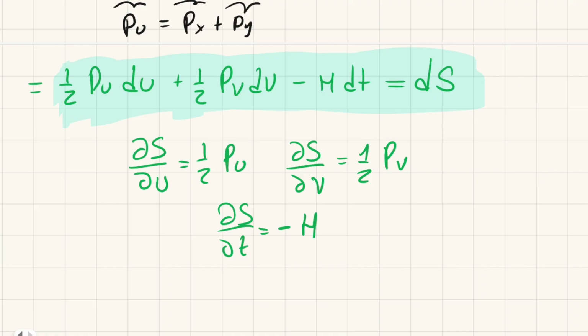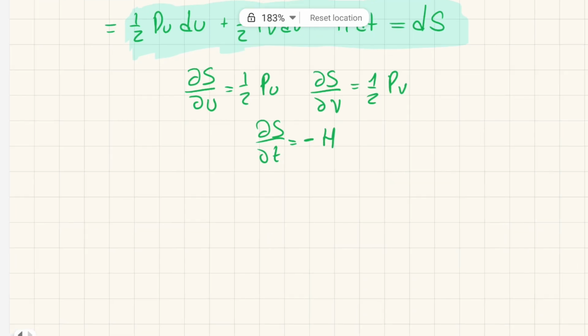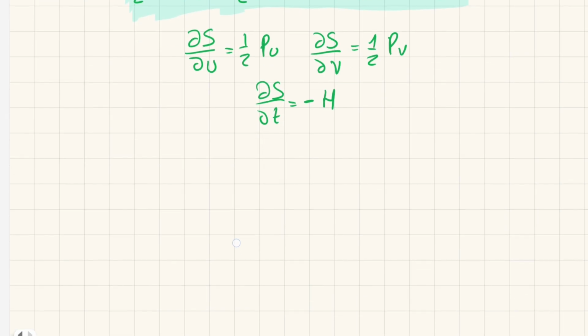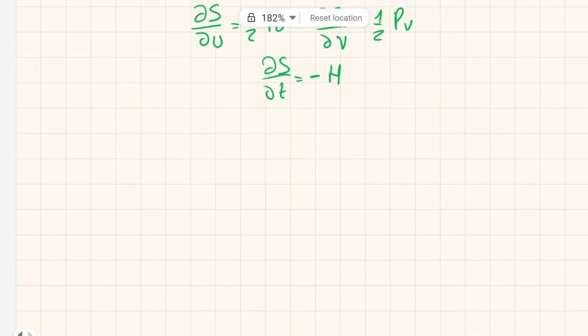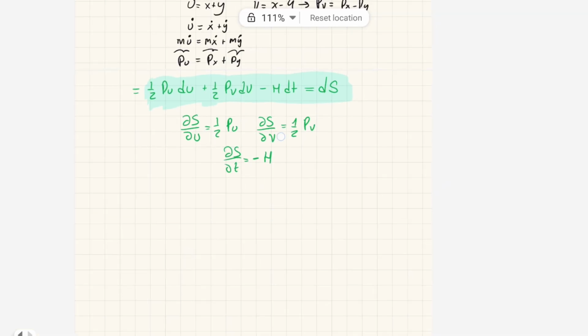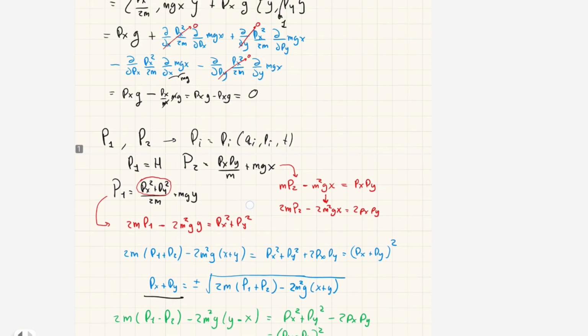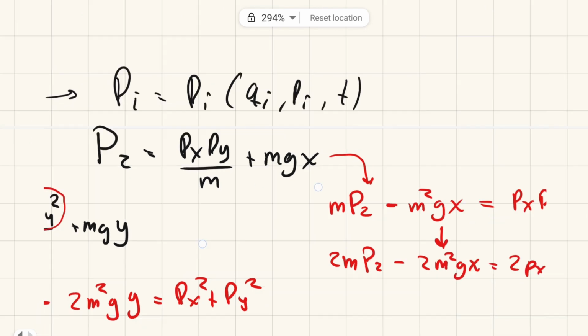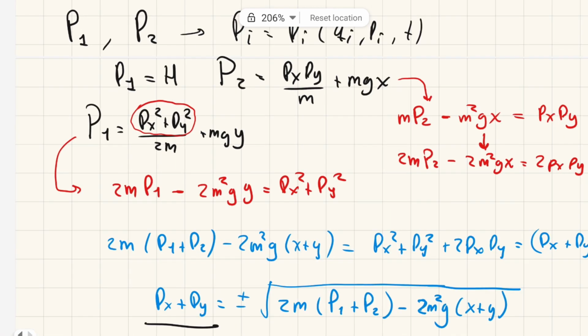Okay, so what we are going to do now is to see another way of finding a function S, which is also going to be a solution of a Hamilton-Jacobi equation associated to this mechanical system. But now we are going to use a different constant of motion. In this example, we use P1 as px, and py divided by m plus mgx, and the Hamiltonian.